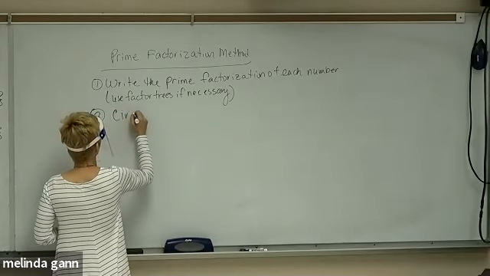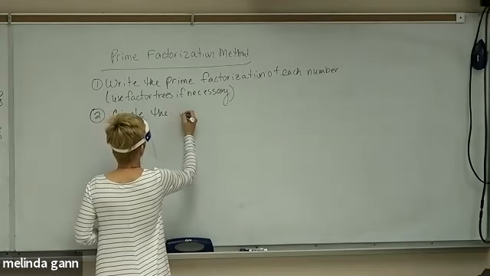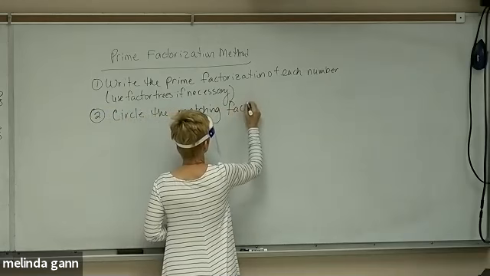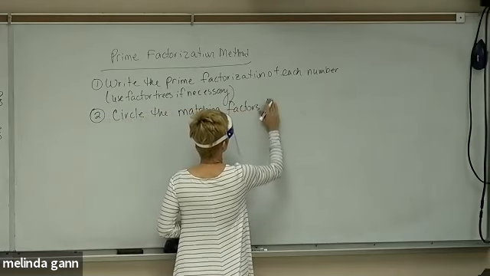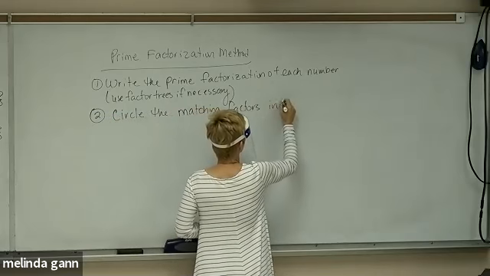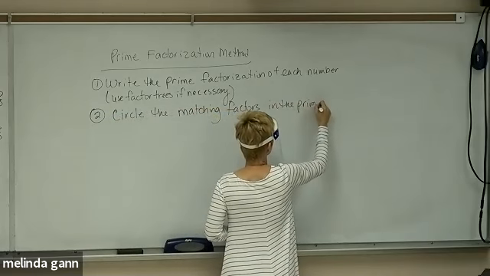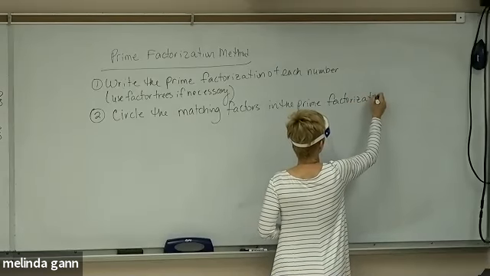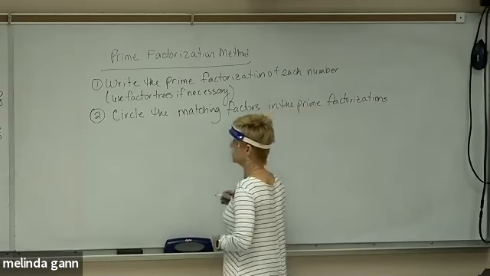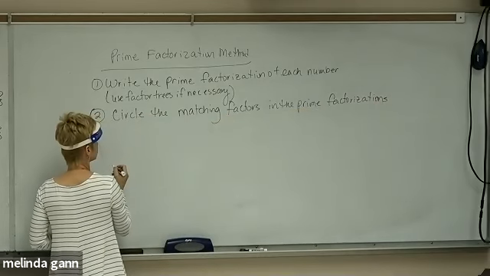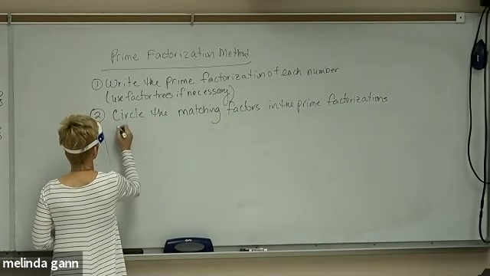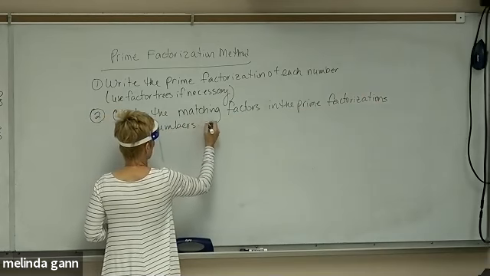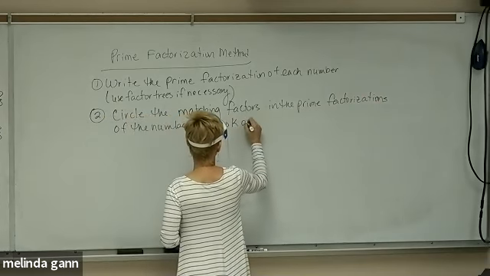I want you to circle the matching factors in the prime factorization of the numbers. Now you'll see what I mean by that in a minute. It's kind of ambiguous. So I'm going to put in parentheses, look at the bottom of the trees.